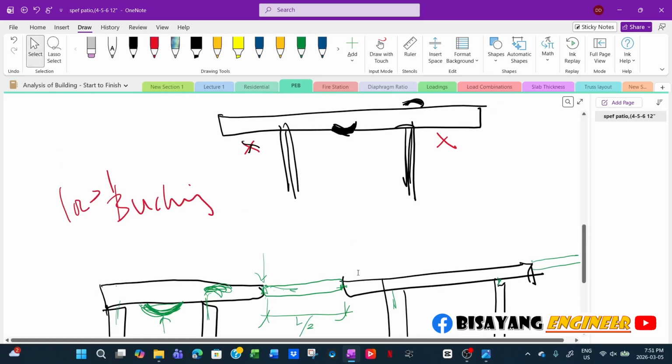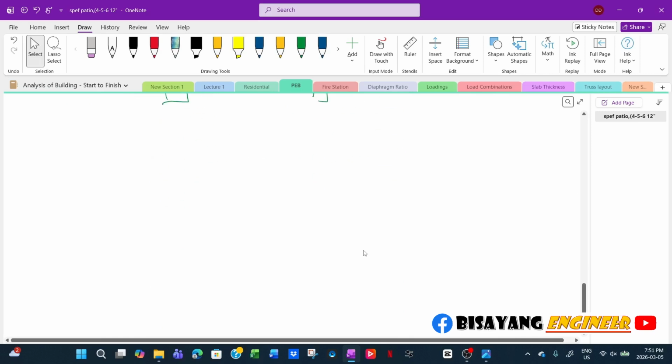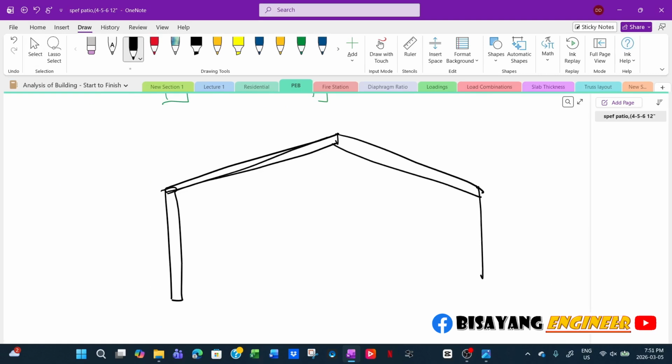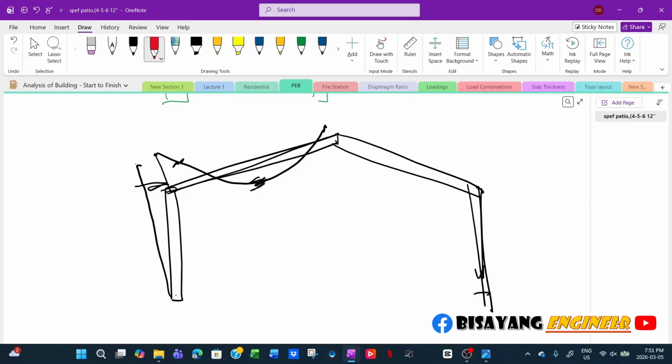For example, if that's your frame, your bending here would be something like that. So this will be positive bending here. This is negative bending.